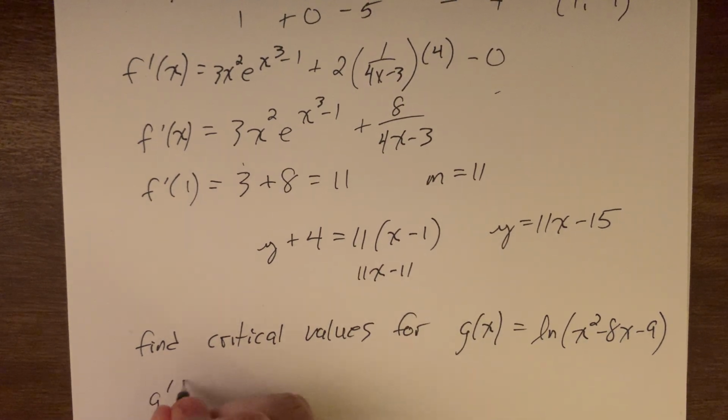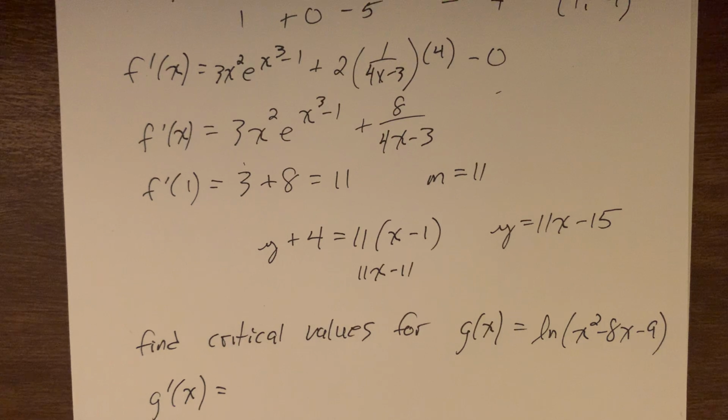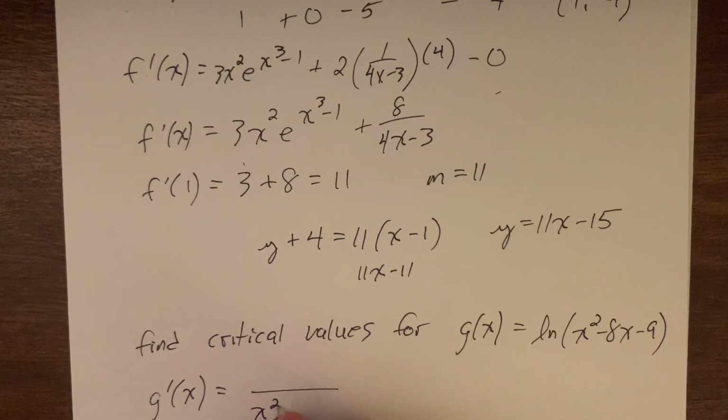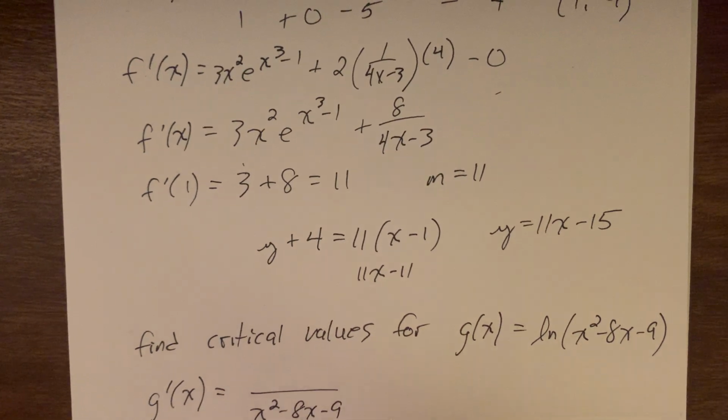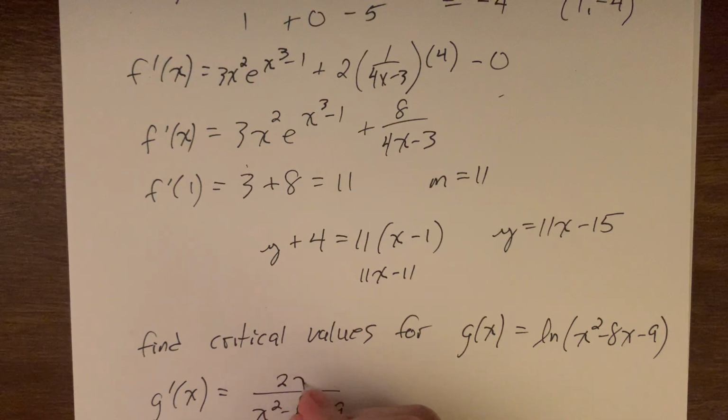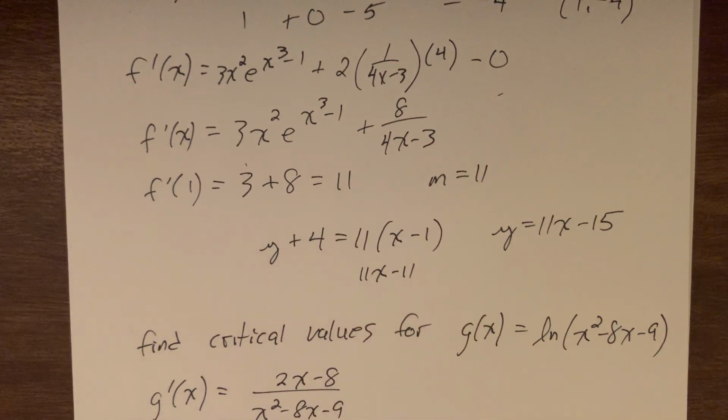Well, I better start off by getting my derivative. So it's just a simple function. Nothing fancy here, nothing to break up. So log of u, 1 over u, times du, and the derivative here would be 2x minus 8. So I'm just going to throw that right in my numerator.